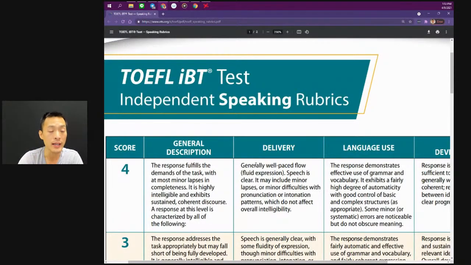Why? Because the questions that they pick for independent speaking tasks are almost always very complex. These questions are almost guaranteed that in a real conversation, it would take more than 10 minutes to actually talk about.